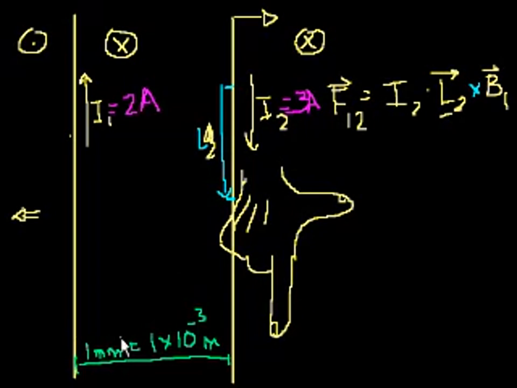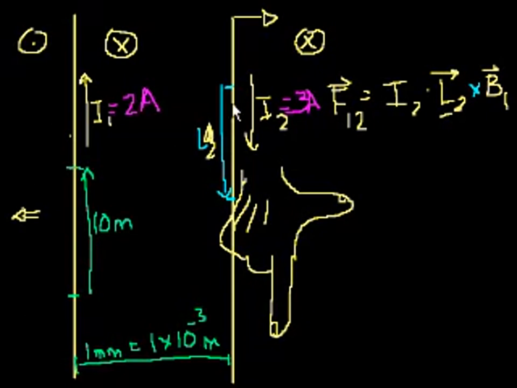And let's do the force on wire 1 due to current 2, just so that we can see that this is also repelled. So let's say that the length in question, L1, is equal to, let's make it a long wire, 10 meters. All right, so how do we do this?